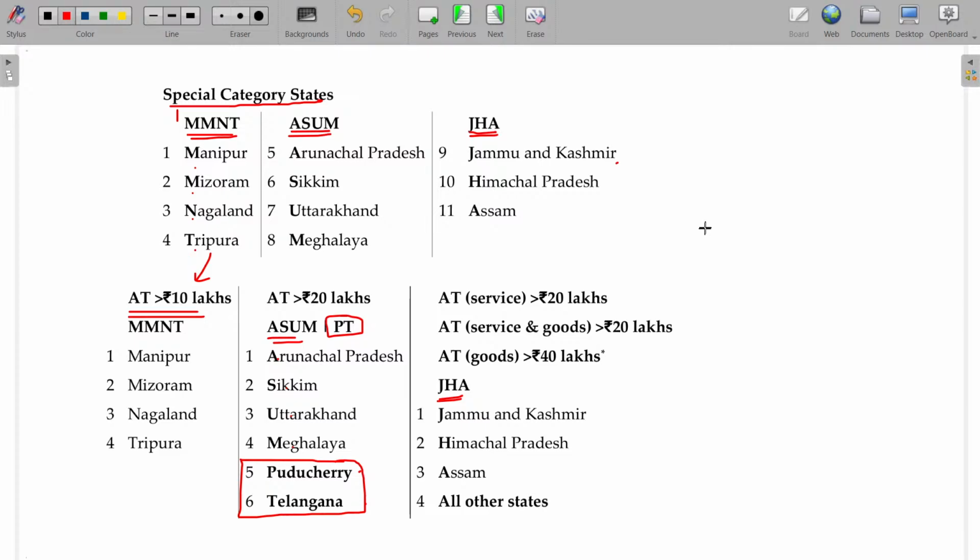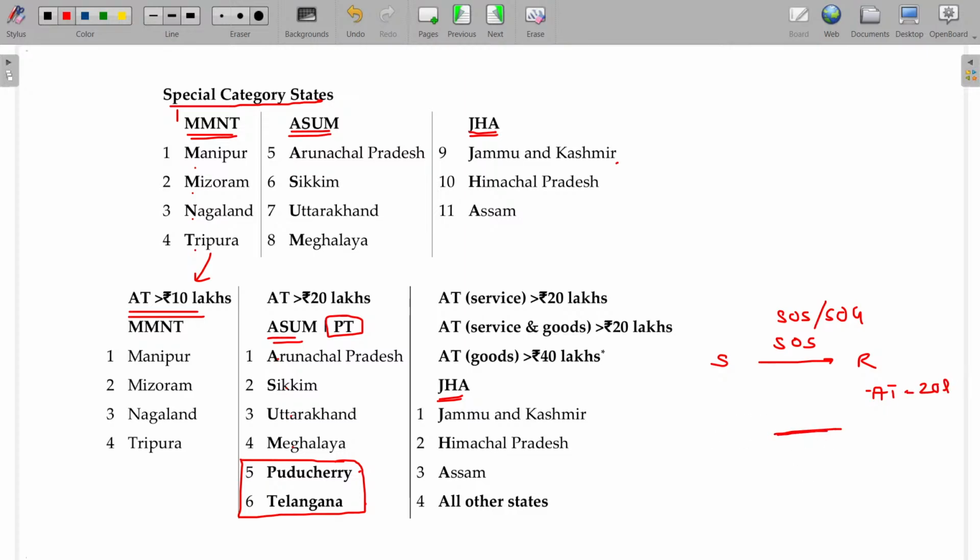In this case, if the supplier renders only taxable supply of services, or supply of services and supply of goods, then the aggregate turnover limit is 20 lakhs.